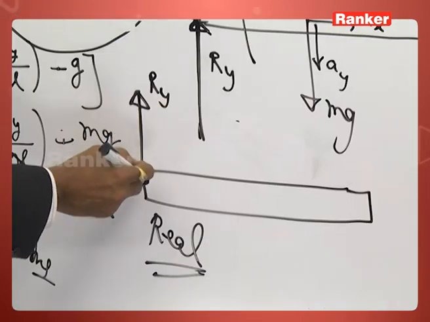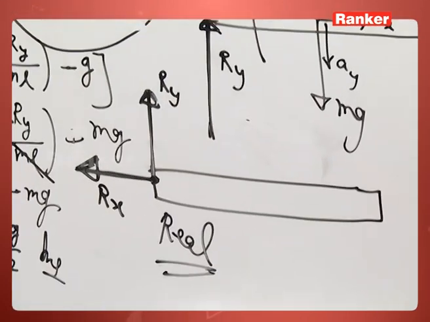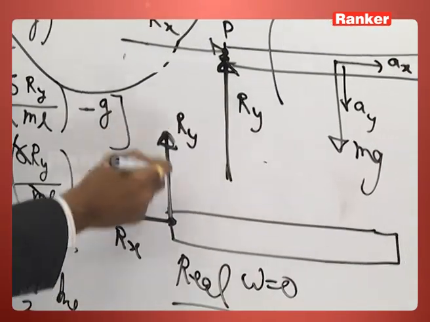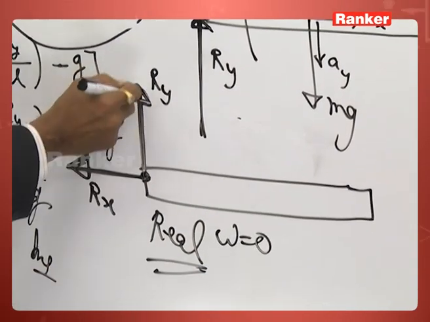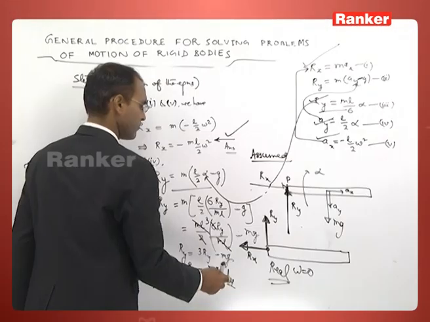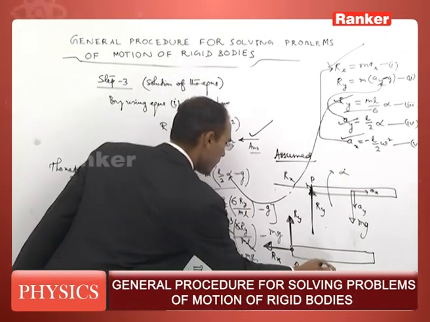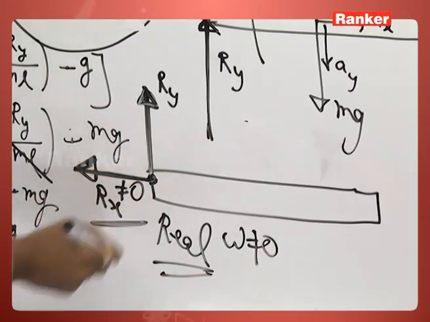However, the pivot will push the rod up. When you take omega as 0, this force is non-zero. Always the pivot is pushing the rod up. So if omega is non-zero, we can get non-zero reaction force Rx.